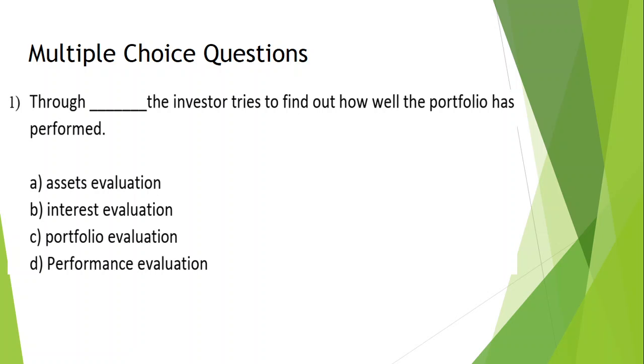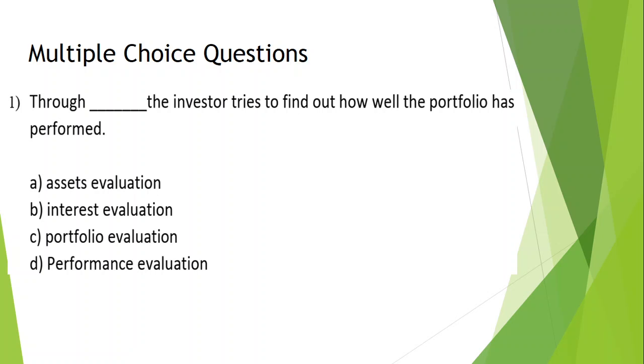We have 5 questions and each question will have 4 options. You have to choose one best option in the given slide. The first multiple choice question asks to fill in the blank. Through dash, the investor tries to find out how well the portfolio has performed.